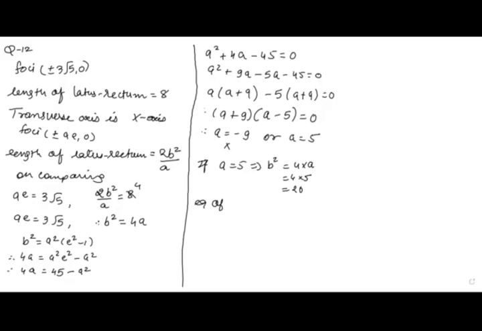Therefore, the equation of the hyperbola is x square by a square minus y square by b square is equal to 1. Therefore, x square by the value of a square will be 25 minus y square by b square is 20, equal to 1. This is the equation of the hyperbola.